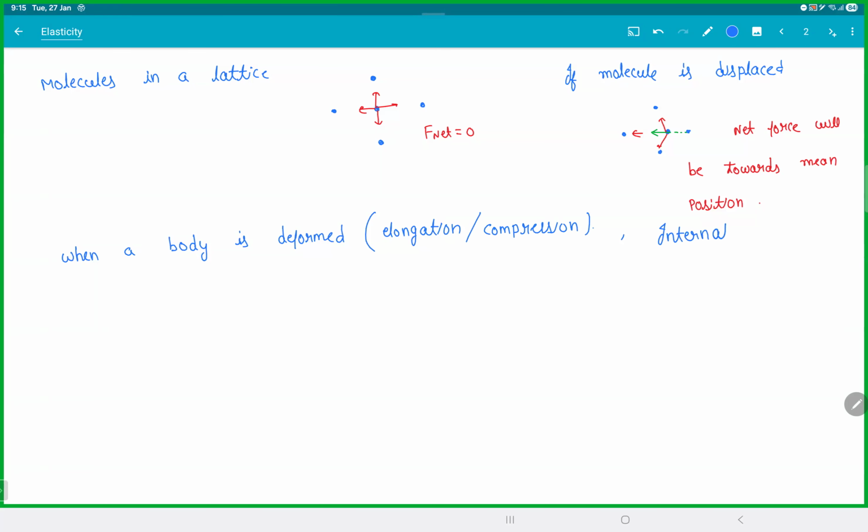That is a technical name. Look at the word internal: these forces are inside. Restoring: they're trying to bring you back to the natural state. That's why they're called restoring forces.